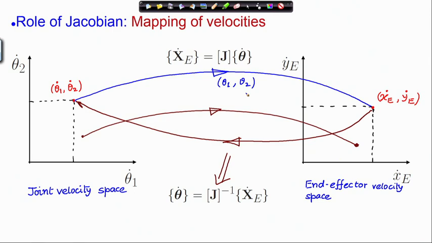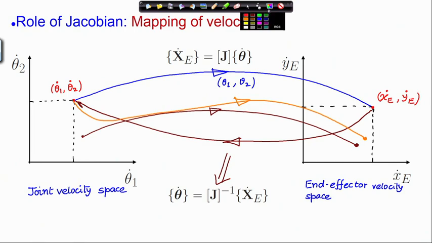Now, if I change theta 1, theta 2 to something like theta 1 prime and theta 2 prime, but keep these points as they are, I can have another velocity relation.